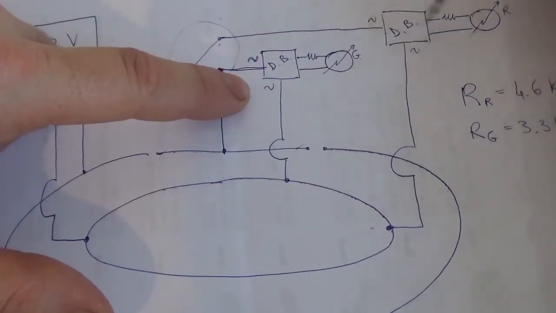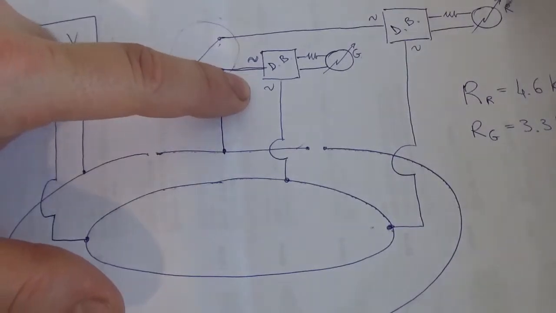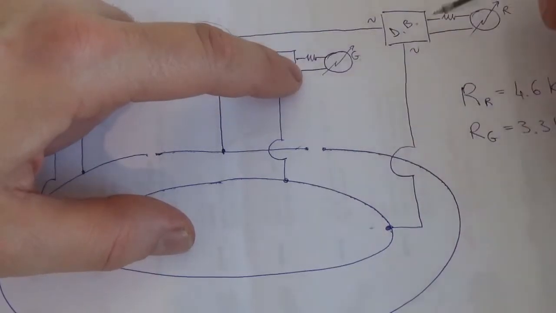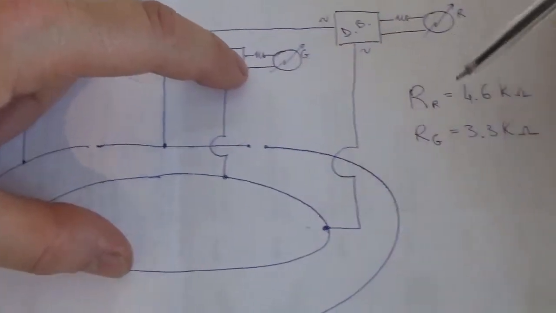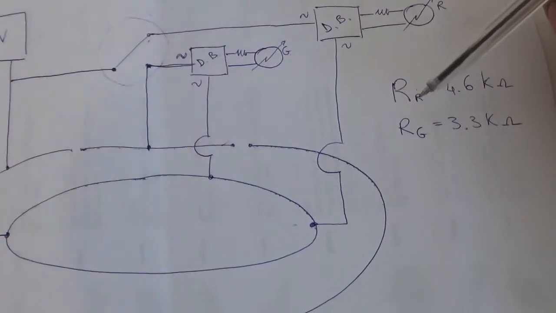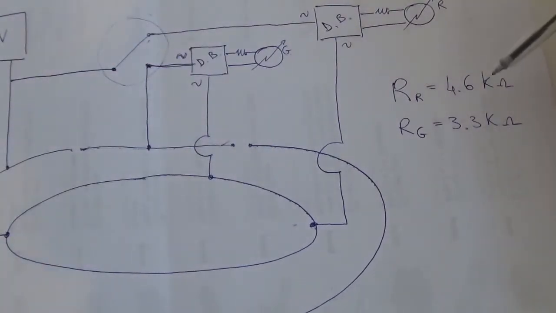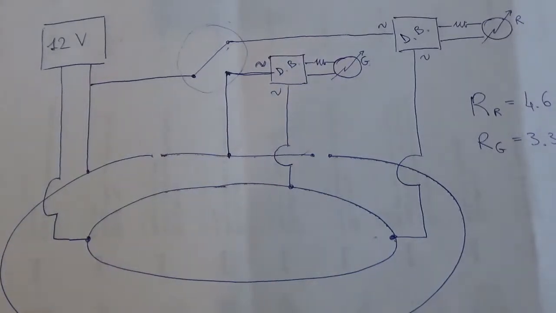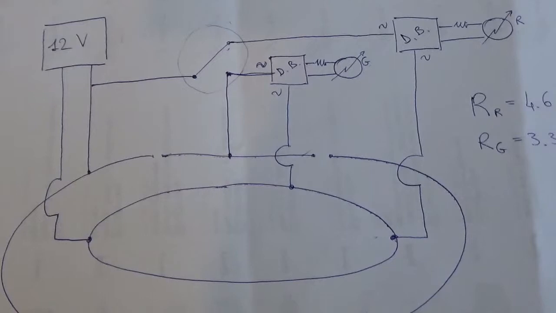These represent the green LED, and these represent the red LED, and each of the LEDs has its own resistor that you see here. The values I calculated are 4.6 kilo ohm for the resistor associated to the red LED, and 3.3 kilo ohm for the resistor associated to the green LED. Okay, so there we go. So let's move on and see how this circuit behaves.